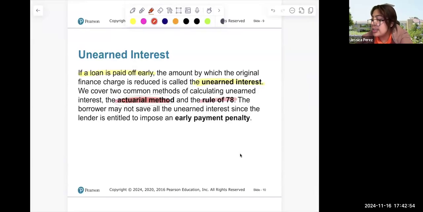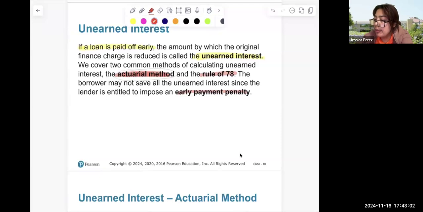The borrower may not save all the unearned interest, since the lender is entitled to impose an early payment penalty. So even though the original finance charge can be reduced, there still exists an early payment penalty.